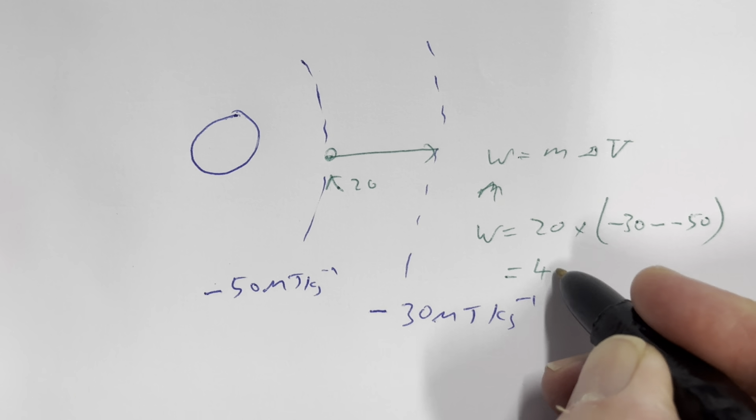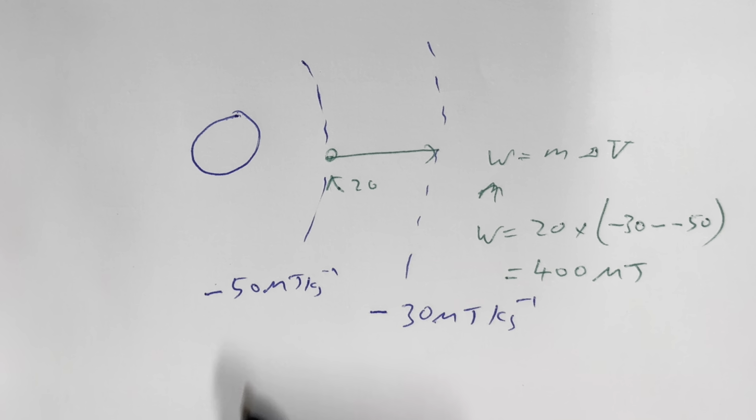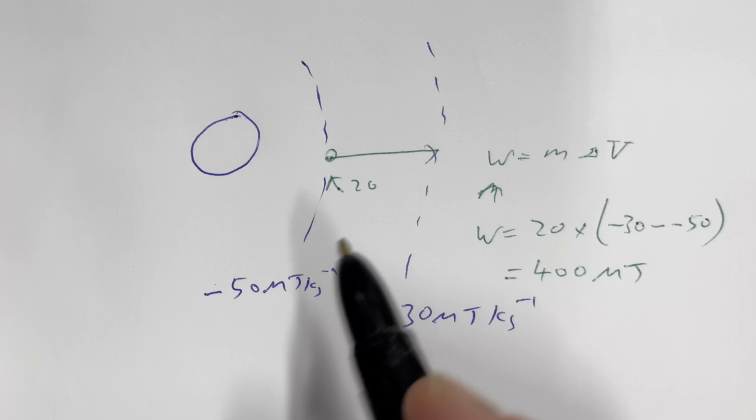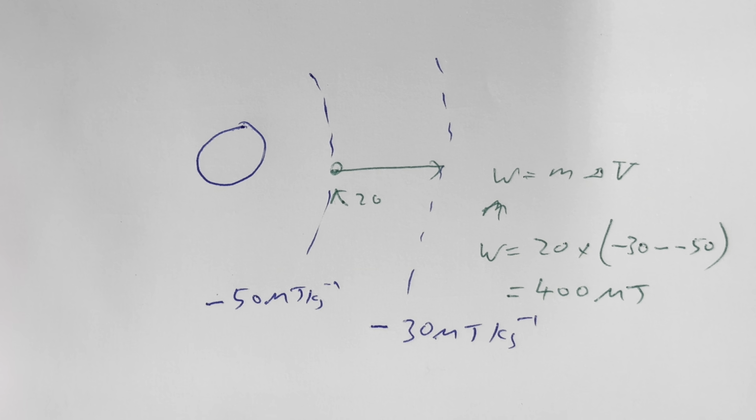So it's 400 megajoules needed, the work done to move from here to here in a field. These are equipotentials. These are points of equal potential.